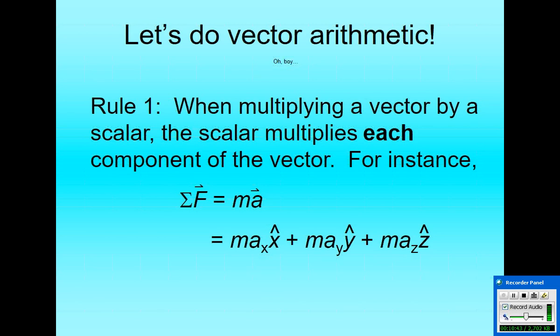I have to take the mass and multiply it by the y component of the acceleration, and that gives me the y component of the product. So the scalar quantity multiplies each component of a vector. You don't break up the scalar quantity, it remains what it is. You just multiply it by the x component, and you multiply it separately by the y component.